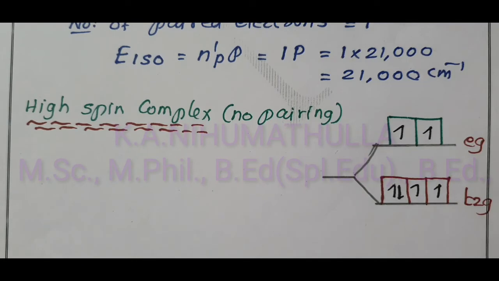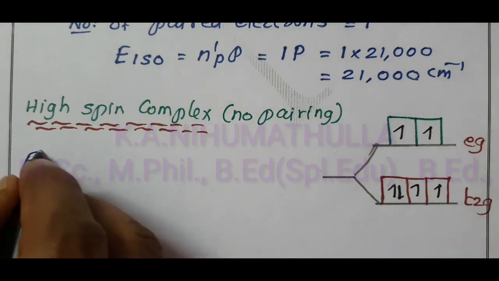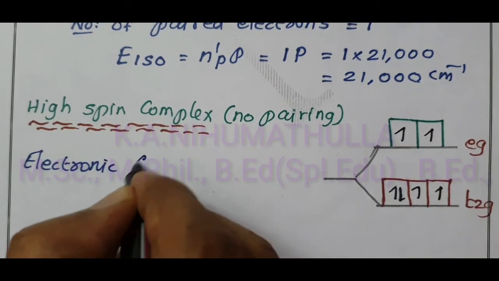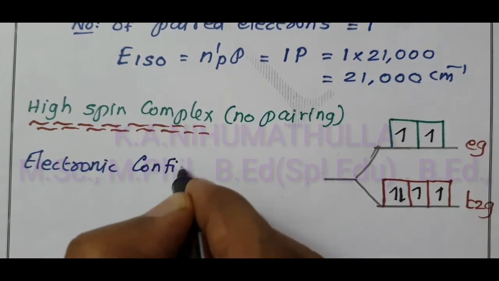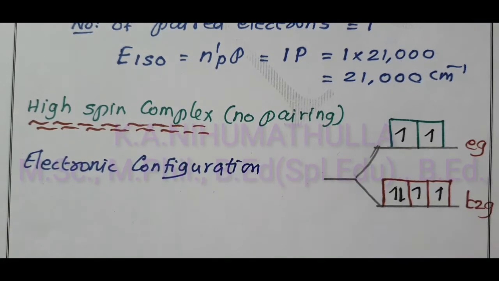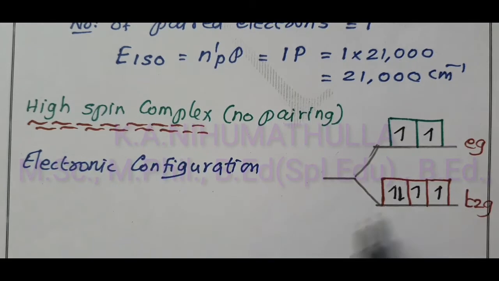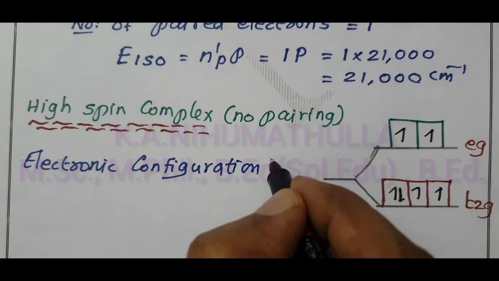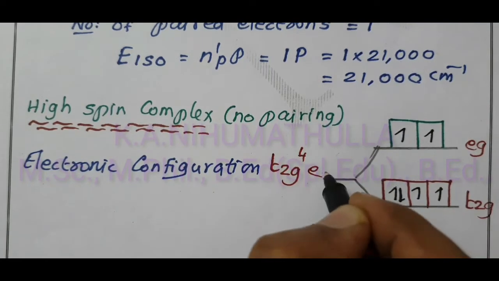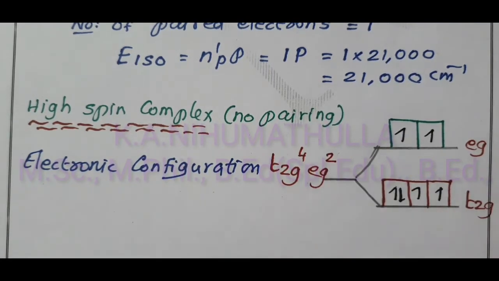According to Hund's rule, we fill in this way. Now, in high spin complexes, the arrangement of electrons in the d orbital is: in t2g we have 4 electrons, and in eg we have only 2 electrons.